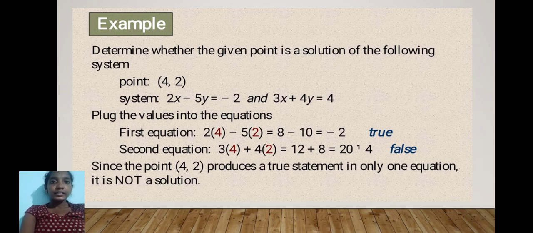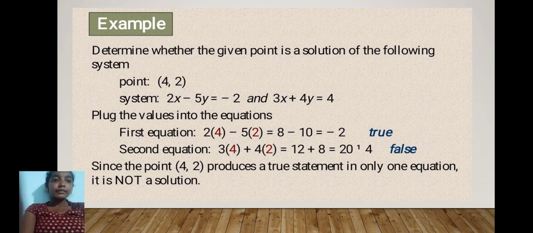And here there is another example. The question is determine whether the given point is a solution of the following system. The point is (4, 2) and the system of the equations are 2x - 5y = -2 and 3x + 4y = 4. Plug the values into the equation. The first equation is 2(4) - 5(2) = 8 - 10 = -2.